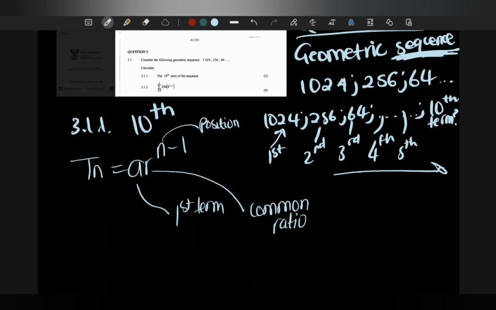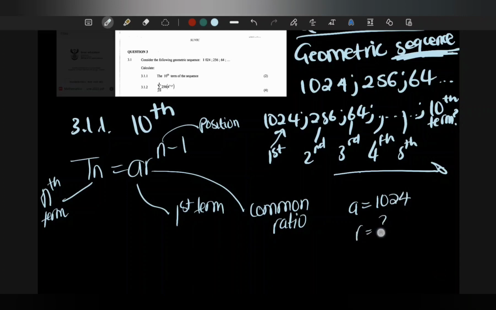They've already told us the position, the 10th term. Instead of finding each and every term, which is going to be very difficult, the best thing to do is first identify what we have. So we have A, which is 1024.